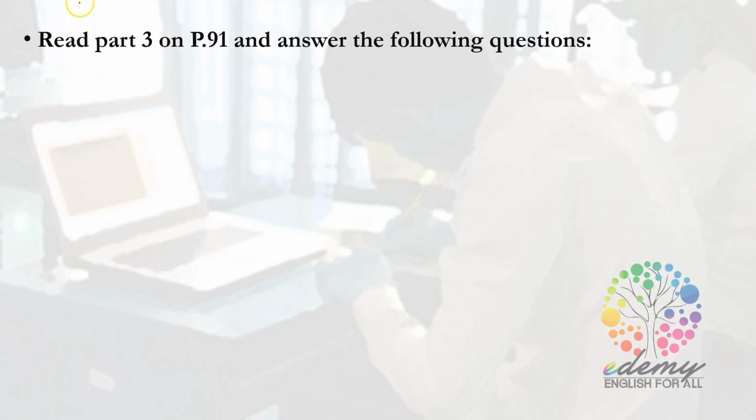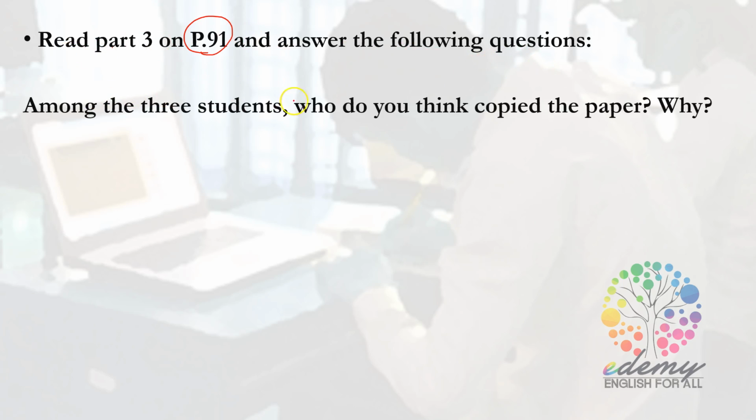I want all of you to read part 3 on page 91 and answer the following questions. So here, among the 3 students, who do you think copied the paper and why? And here what you should do is use a strategy where you read for gist, or for general understanding, that is, you read without stopping. You just read and then you focus on meaning, right?